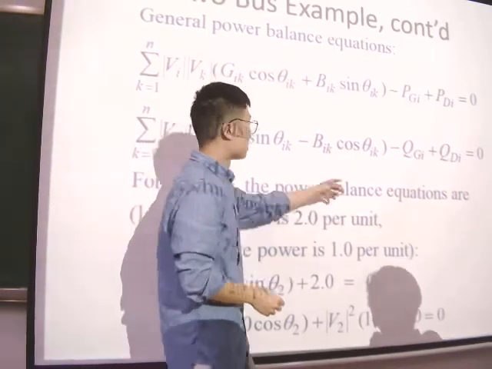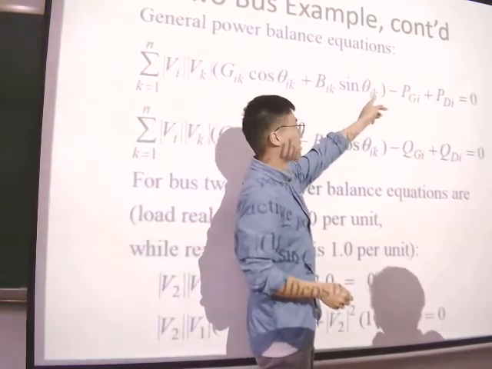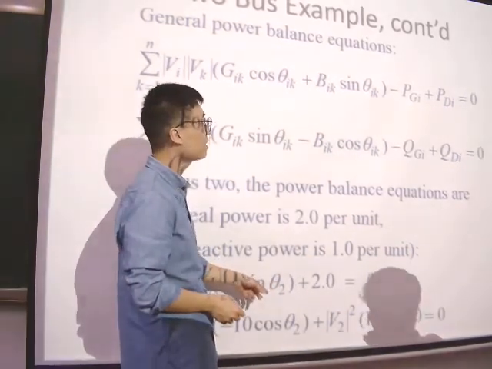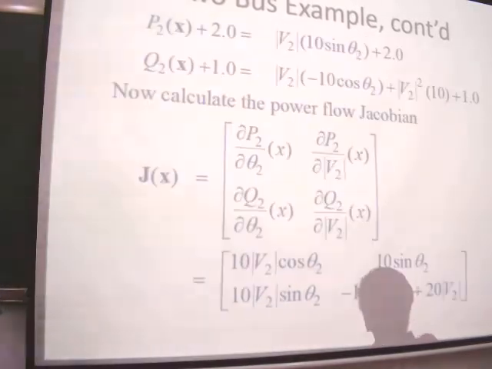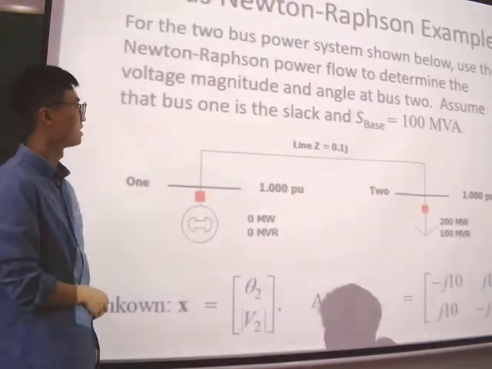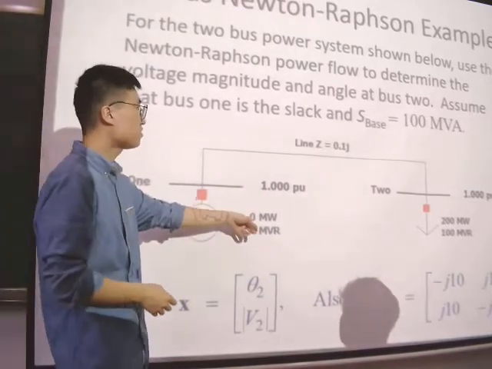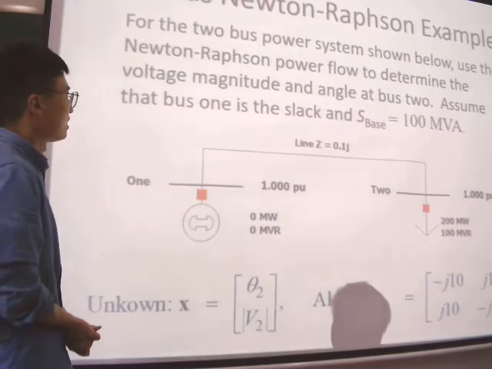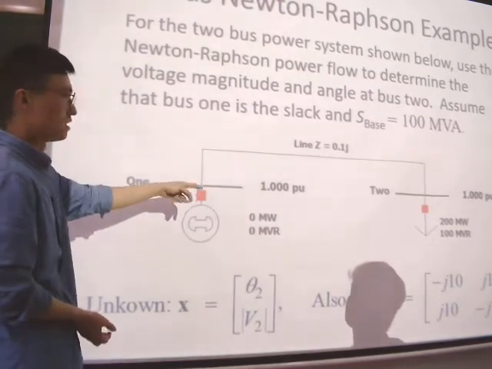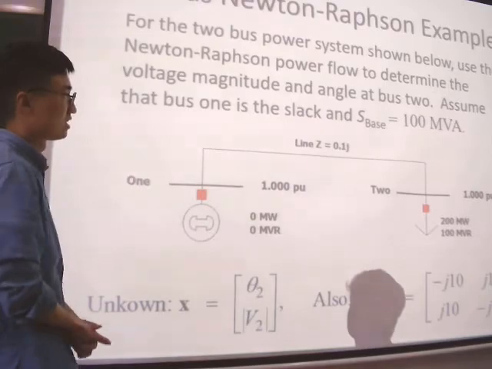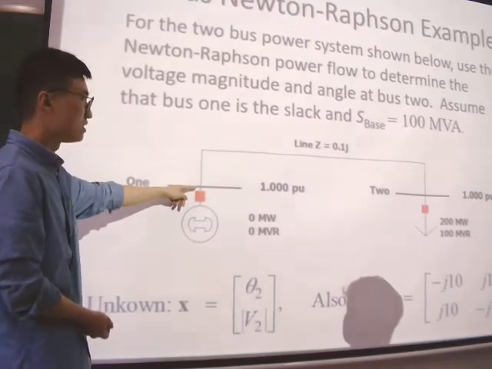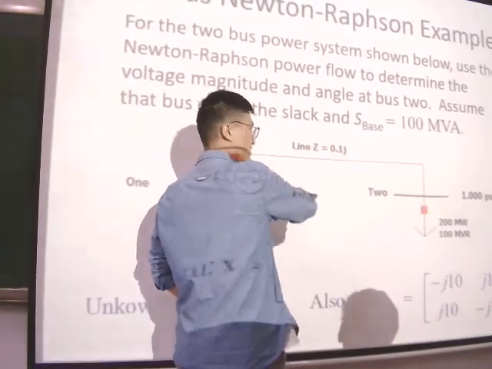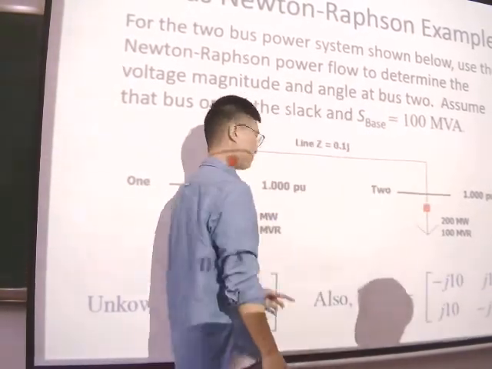So theta 2 here is the angle of the bus 2. Theta 1 equal to 0. You can see that we assume that it is slack bus. And generally, we assume that here is 0, right? So the angle here is 0, so the difference of the 2 and 1 is the angle of this, here is 0.